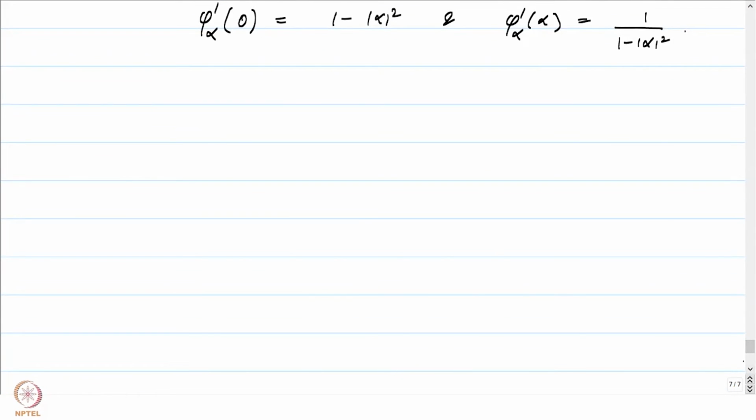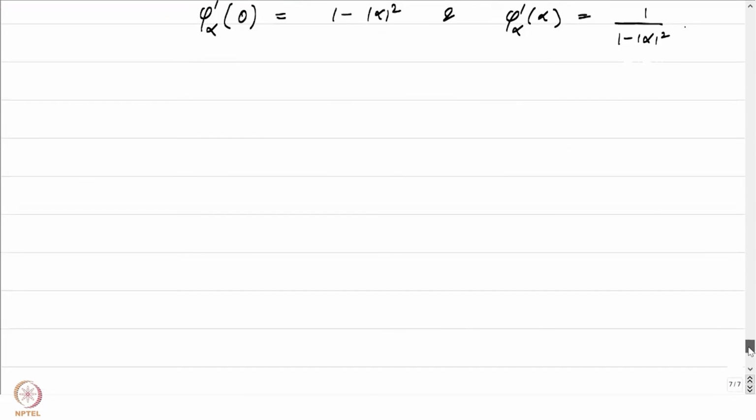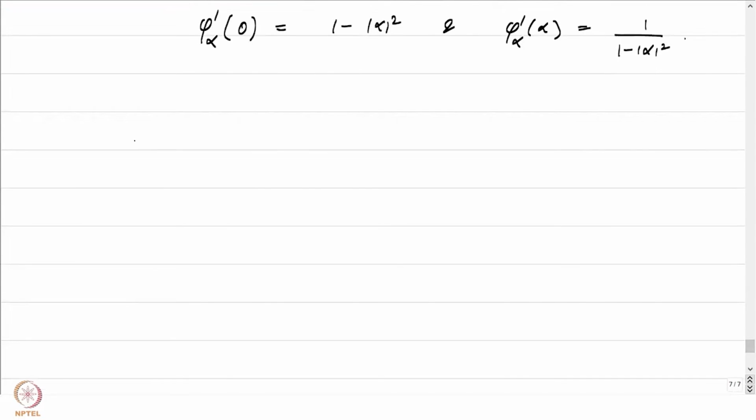Let's now try to get hold of all the automorphisms of the unit disk. We already saw a big class of automorphisms. To do that, let's try to answer an extremal problem. So let's ask the following question.